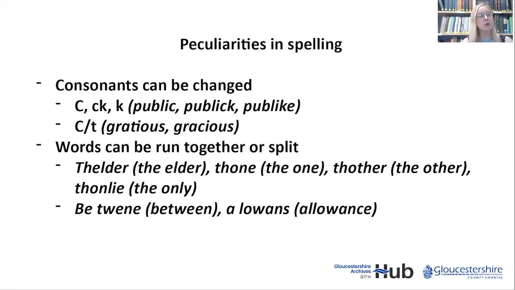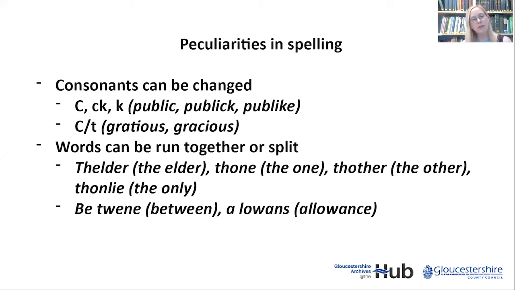You've also got the changing of consonants, so the addition or removal of a K, for example, in public. C's and T's can be interchangeable, so you've got gracious or gracious. We see it a lot in the quarter sessions with words like suspicious, and words a bit like that, where you would read it as a completely different word until you read it out loud and realise what it should mean.